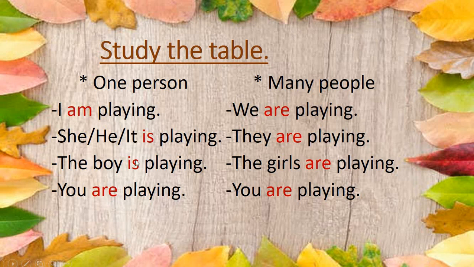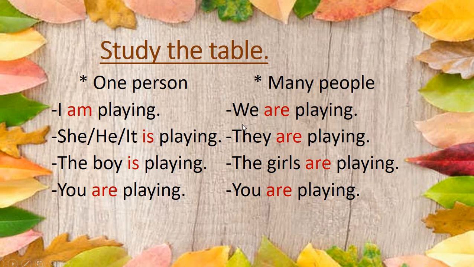Now we have learned, when there are more than one person, we call many. For many people, what do we use? We, they, girls, you. We use are, A-R-E, are, for more than one person or many people. Understood?